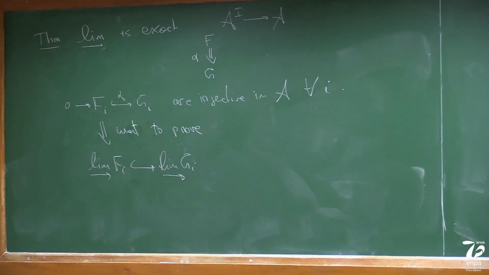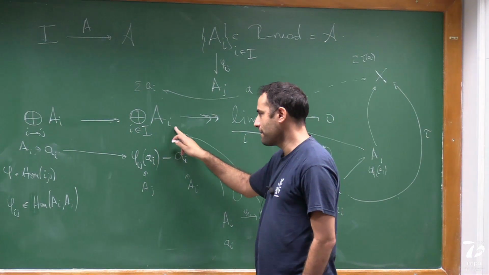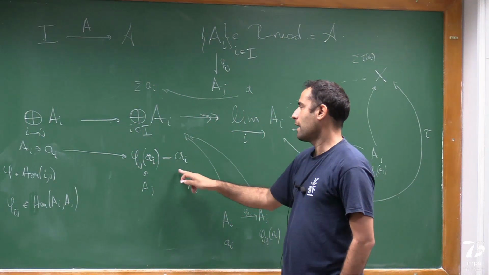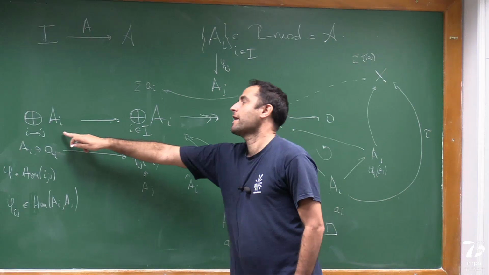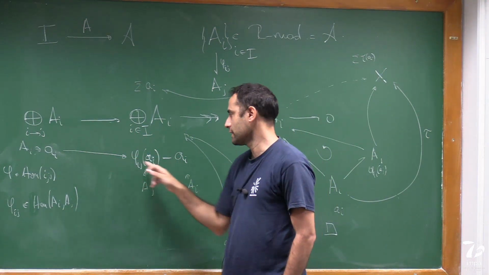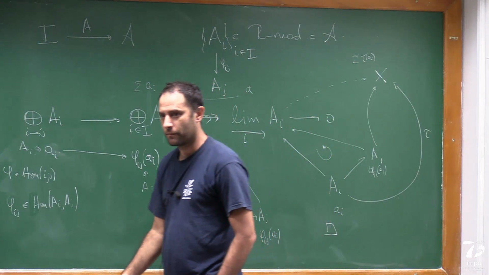And again, this description here was not abstract. I've taken a direct sum, and I've taken elements and maps here. You could try to write this complex abstractly without using these a_i's and see where you fail.